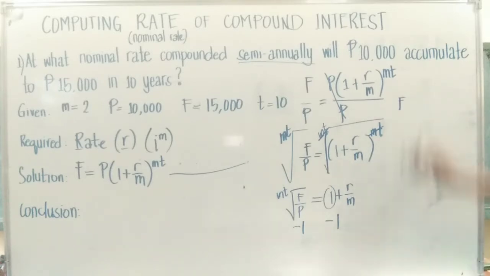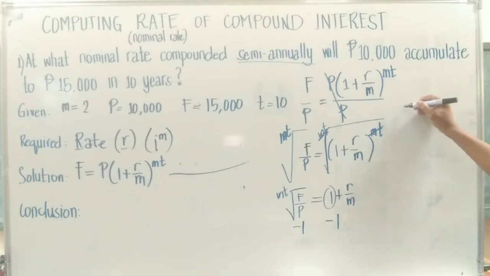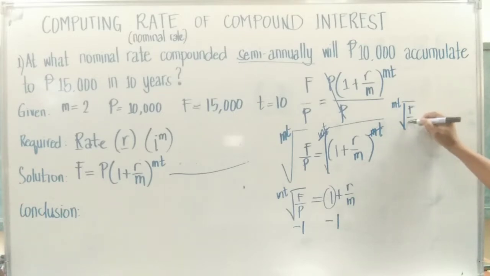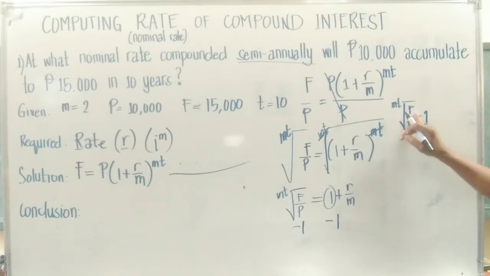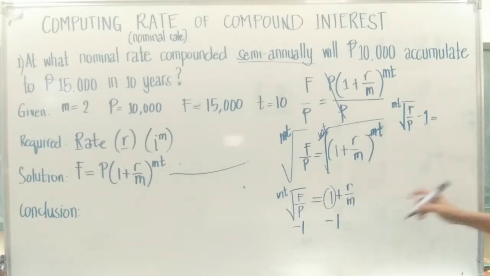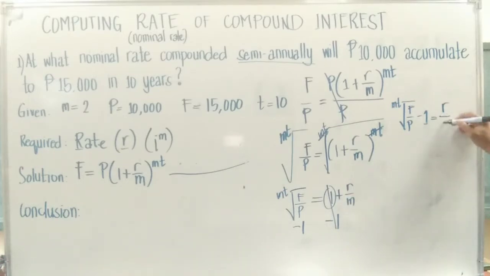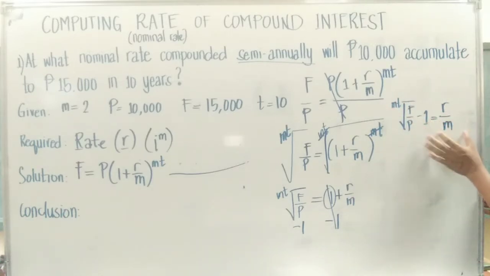So it will now become the mt root of f over p, minus 1. So minus 1 is not under the root of mt. Equals, so positive 1 will be eliminated. The remaining will be r over m. Then cross multiplying, or in here we are dividing m.